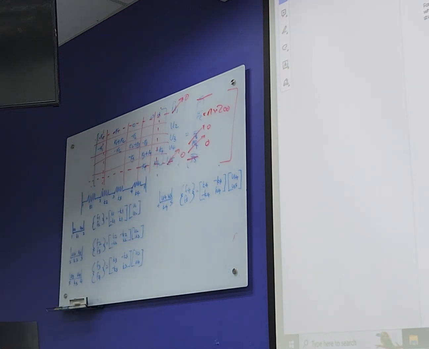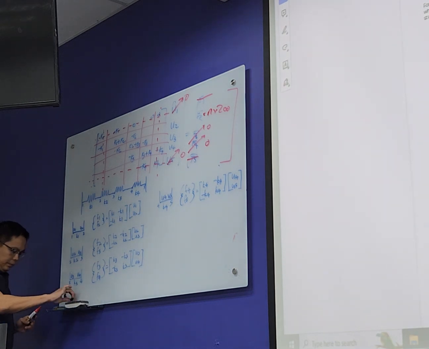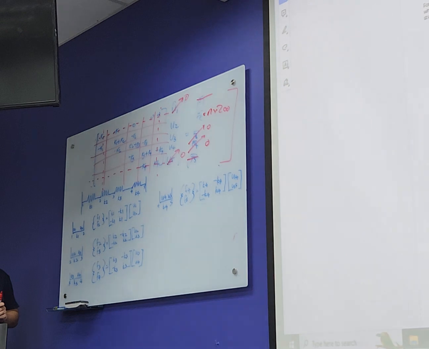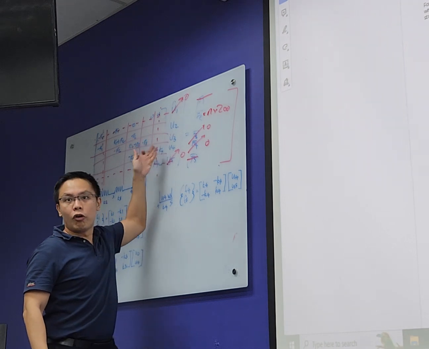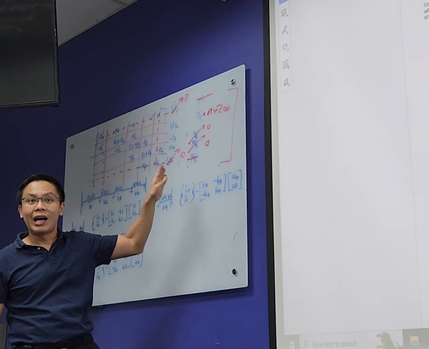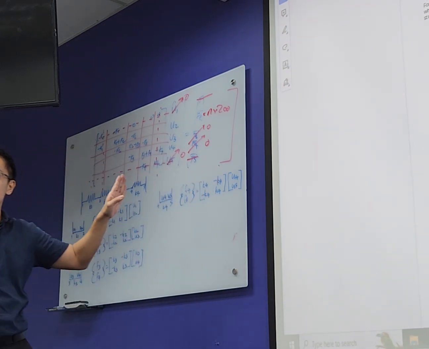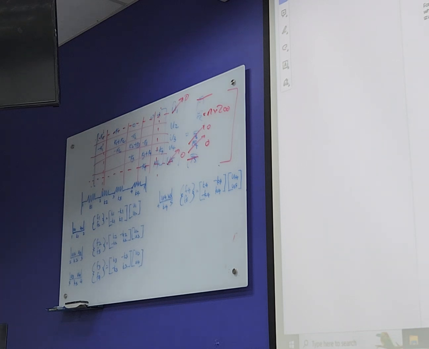No. Why? U3, U4 not equals to 0. Very good. Because U3, U4 not equal to 0, that's why we can't remove that. Agree? So it's a 3 by 3 matrix. Understand?